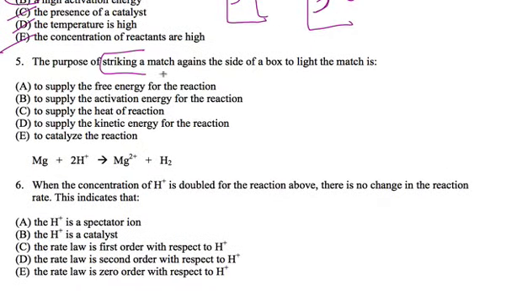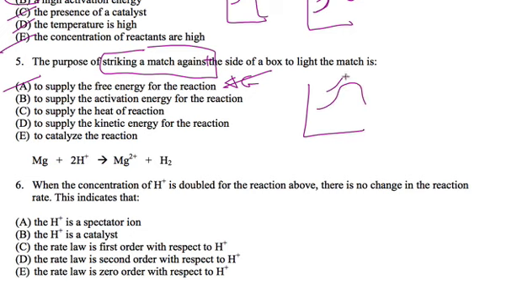The purpose of striking a match against the side of a box to light the match is to supply the free energy. We have not talked about delta G, and we know delta G and rates are not related. To supply the activation energy, to get it to the top of that hill. That makes sense, that's actually going to be the answer. To supply the heat of the reaction, or the kinetic energy: I have not talked about this unit.